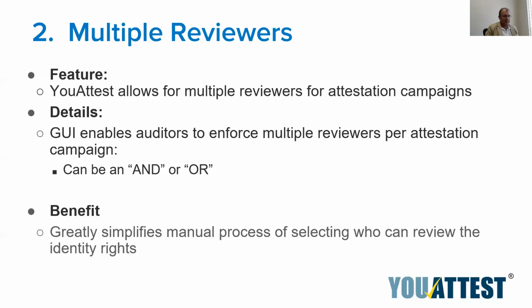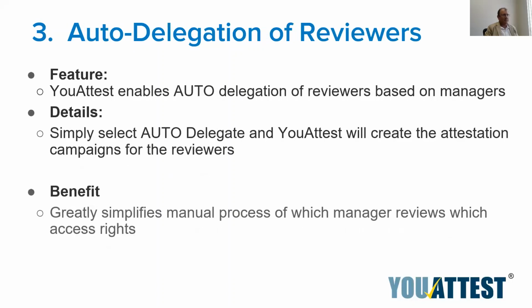This really helps if you have separate application owners, resource owners, or something along those lines to review your identities. And this greatly simplifies going manually and doing this individually with different owners of apps or groups. And these owners can then review these identity rights. Next slide.